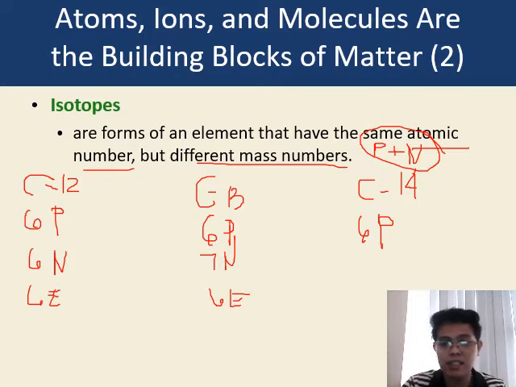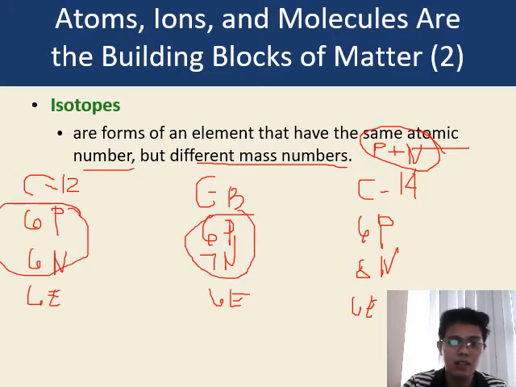And carbon 14 has 8 neutrons and 6 electrons. So if we look at the mass numbers for these 3 isotopes, we total the protons and neutrons. That's why they have different mass numbers, because 6 plus 6 is 12, 6 plus 7 is 13, and 6 plus 8 is 14. So that's what you call an isotope if their mass numbers are different.